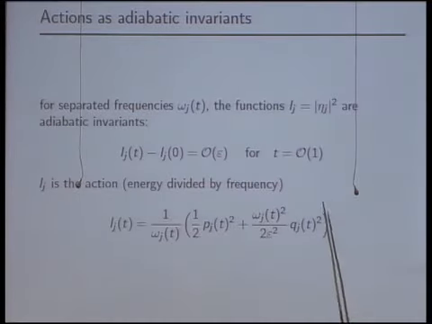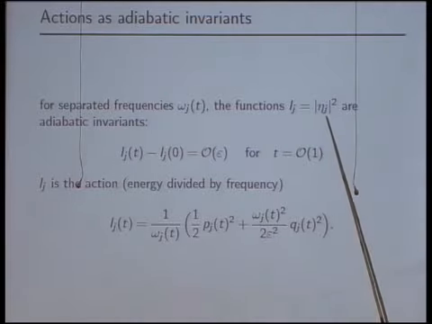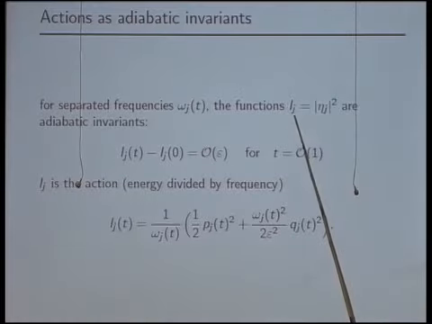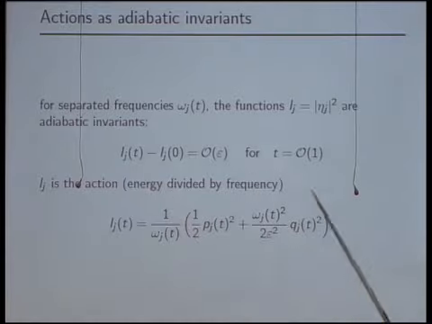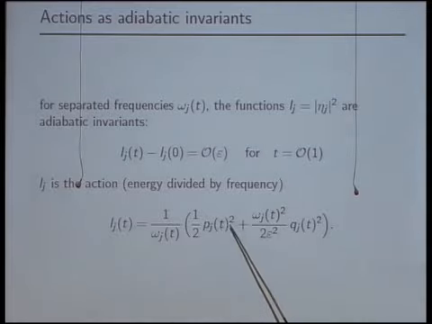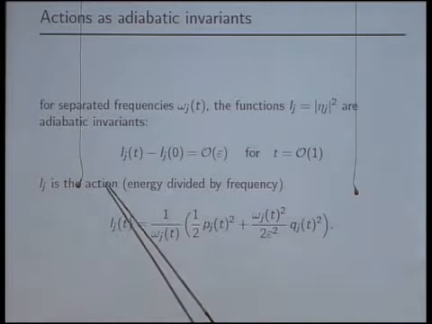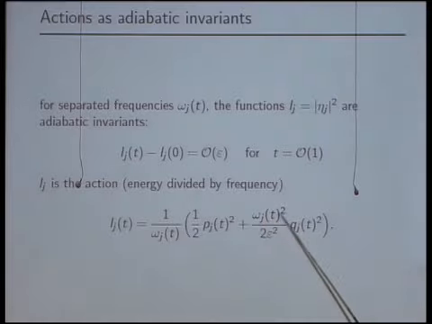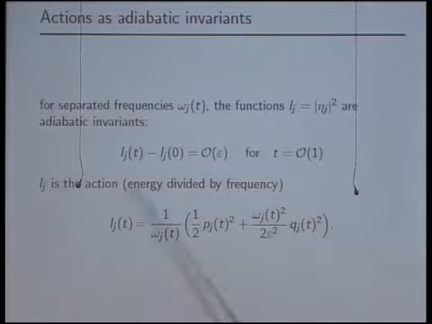And actually, as it turns out, if you consider the components of this variable eta and take their absolute value squared, then you obtain functions which are adiabatic invariants, and which can be interpreted in coordinates a few transformation steps earlier just as the actions, namely the potential energy of these oscillatory parts divided by the frequencies. So you still have this classical interpretation of the adiabatic invariance as the actions in this framework.